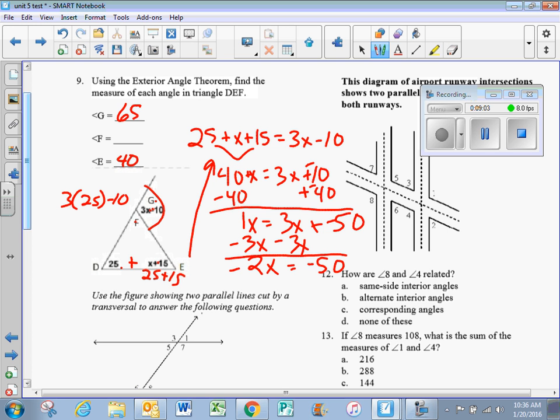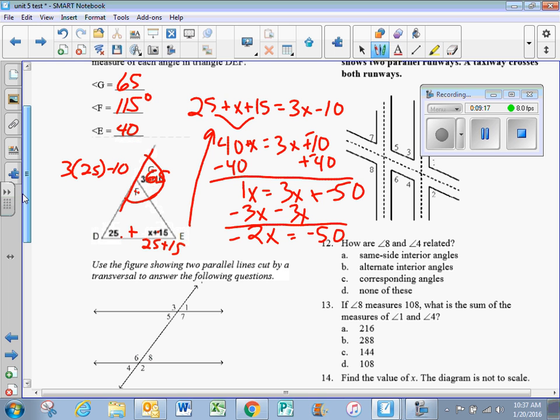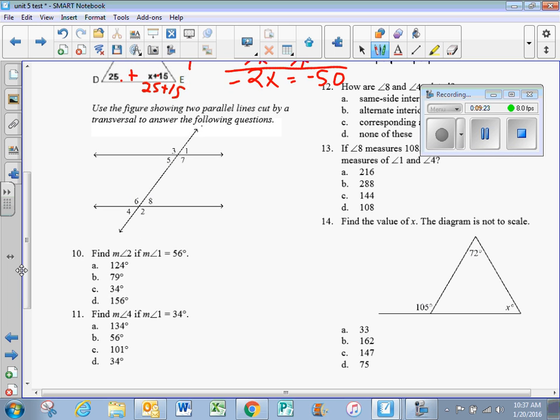And if this is 65 and these are supplementary, then this has to be 115. I know those angles don't look like they should be that. That's kind of an example of not drawn to scale. Okay, so that was only worth one problem because, again, if you missed part of it, you probably missed the whole thing.